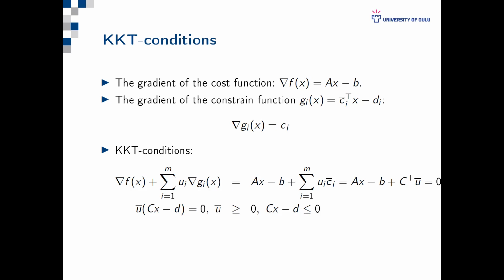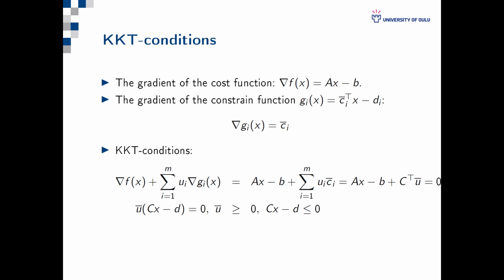The gradient of f is Ax minus b, and then we add the linear combination of the row vectors of the matrix C. This is nothing else but C transpose times u bar. I have denoted by u bar the vector which has the coordinates ui, so it is a vector in Rm, and it has non-negative coordinates.